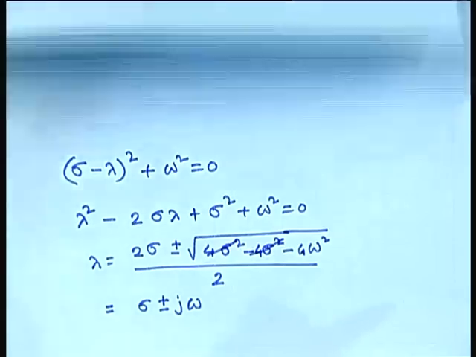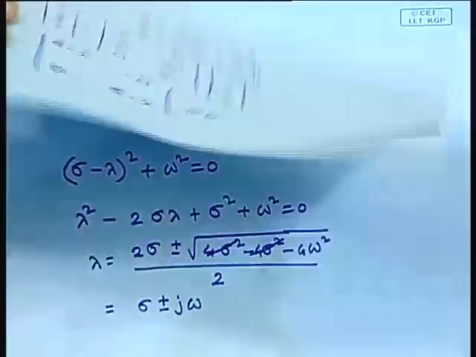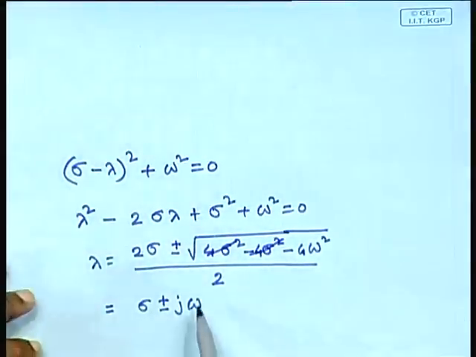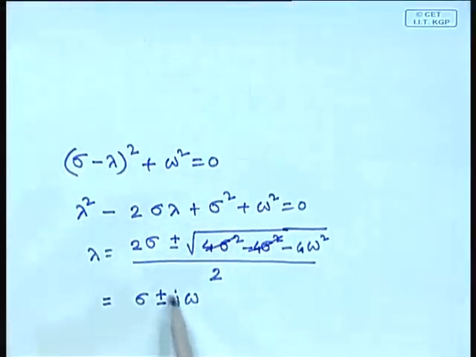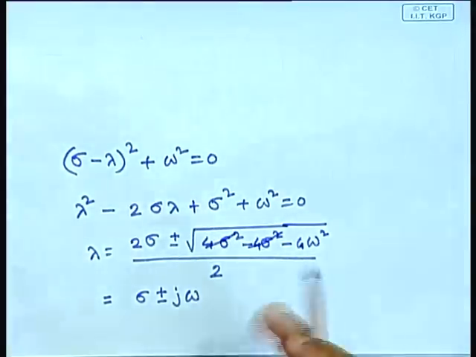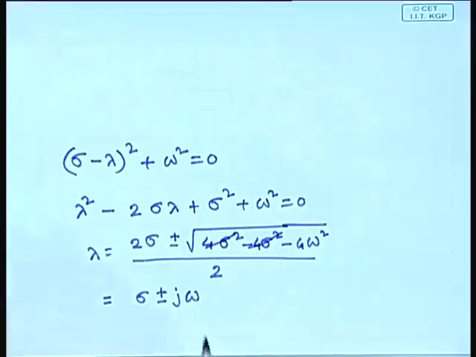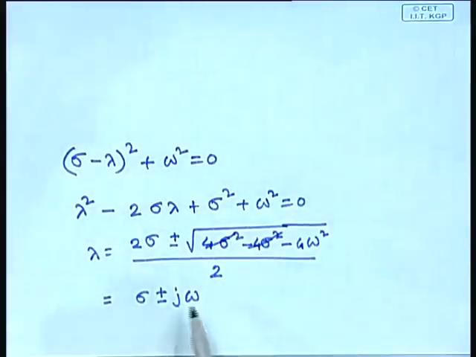You do not really need to have this kind of symmetric equation, but whatever equation you start from, ultimately you will end up with a pair of complex conjugate eigenvalues that look like this. Then we will go ahead. Obviously, there are two eigenvalues, sigma plus j omega and sigma minus j omega. And as we have said, sigma plus j omega contains the information sigma and omega, and sigma minus j omega also contains the same information.